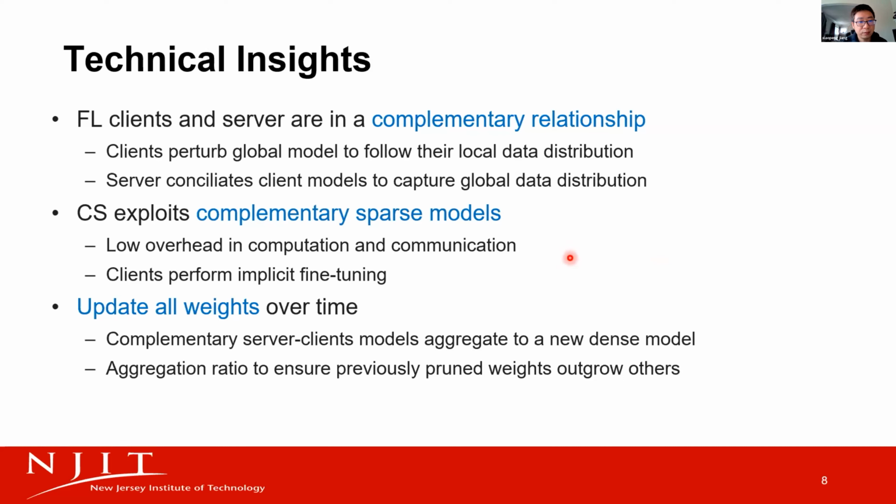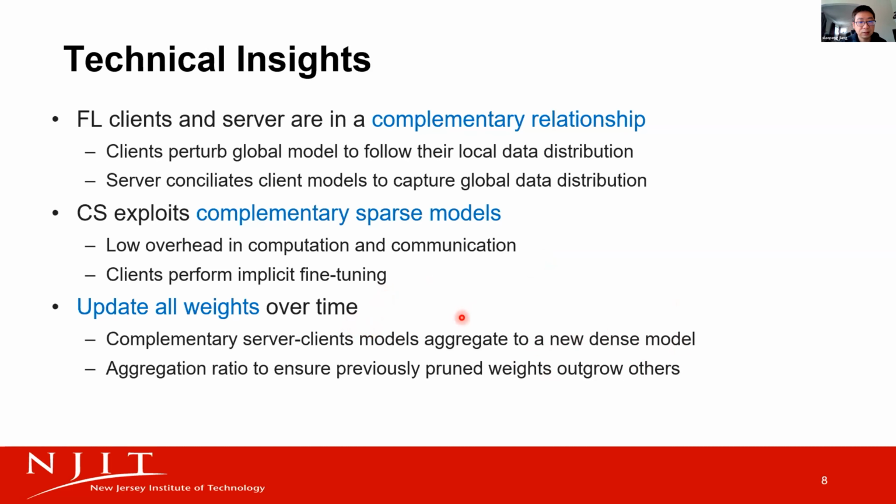So we have low overhead in computation and communication. And here the clients perform implicit fine-tuning instead of explicit fine-tuning as in regular model pruning in centralized learning. In order to update all the weights over time, the clients and the server aggregate complementary subsets of the models to produce a new dense model every round.